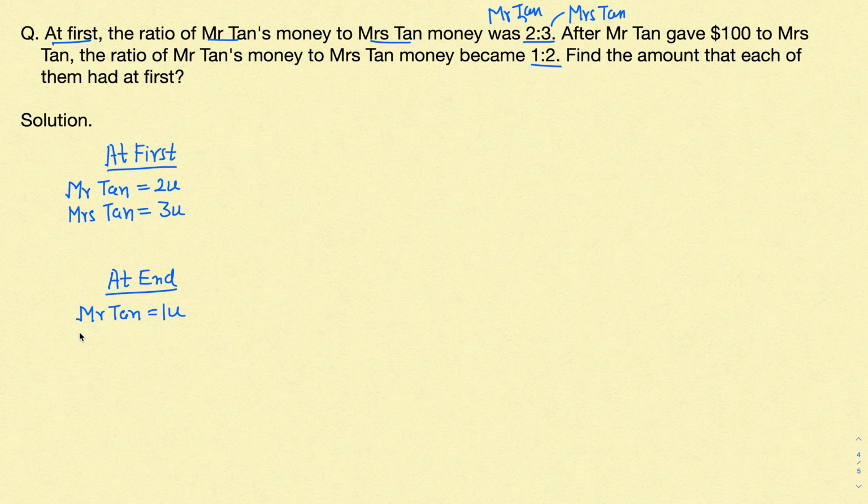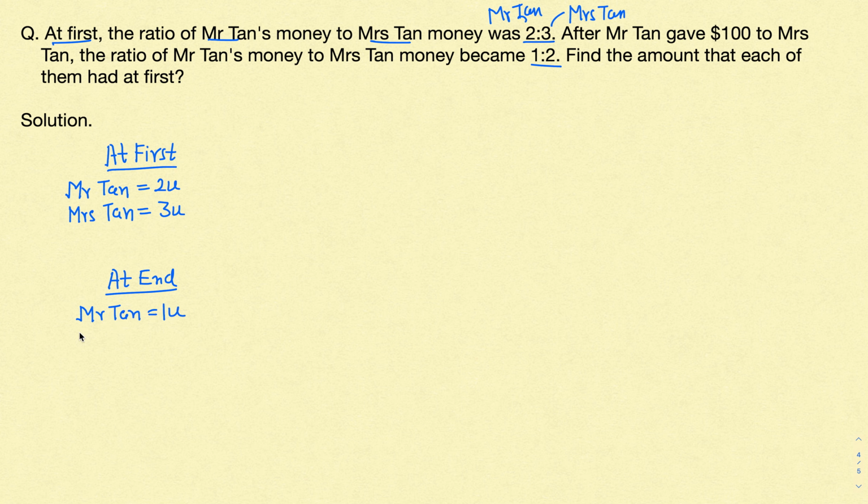So that means since the money is only transferred from Mr. Tan to Mrs. Tan, the total amount of money before and after should be the same, right? So in terms of units also, the total unit before and after should be the same.